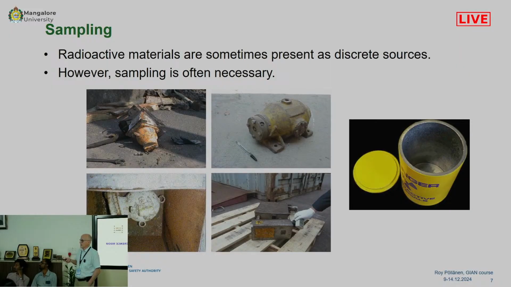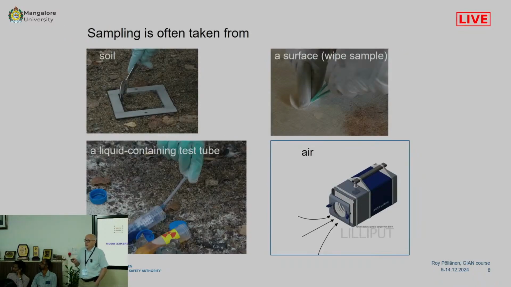I think these are some industrially used materials. But sampling is often necessary in environmental cases. You can take samples from soil, from a surface by wipe sampling, from water, for example, in this case from a test tube, and from air. This is an air sample, a very small one.